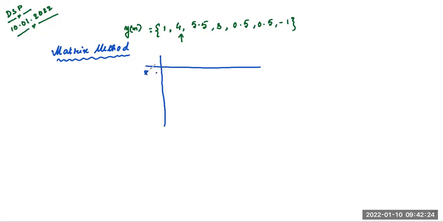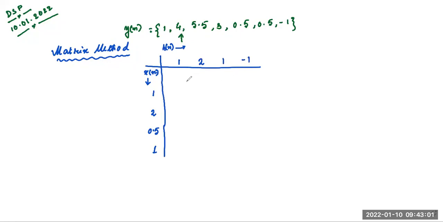I will put the xn values this side, and the hn values this side. What is hn? 1, 2, 1, -1. So this is the hn.